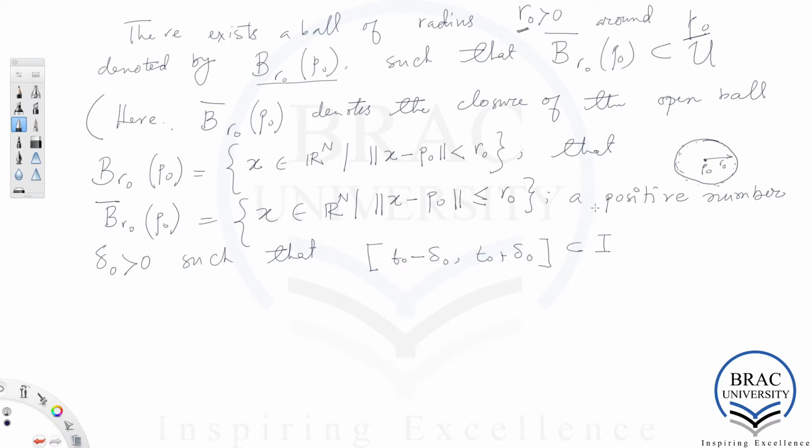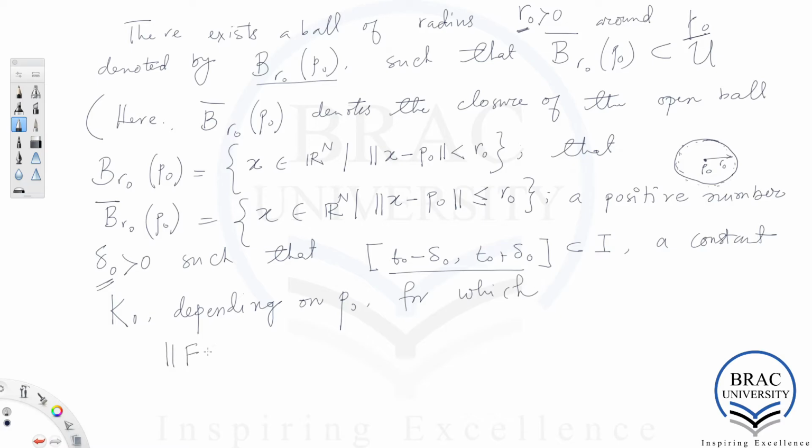We need another positive number delta 0 such that this closed interval is contained inside the given open interval I. We need another constant k0, but this constant may depend on the initial point p0, for which the following inequality is satisfied.